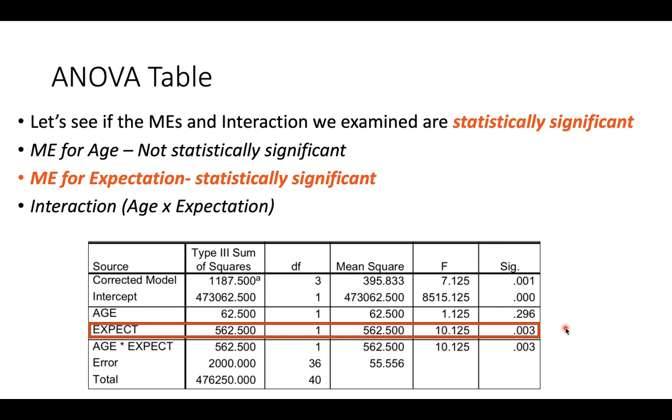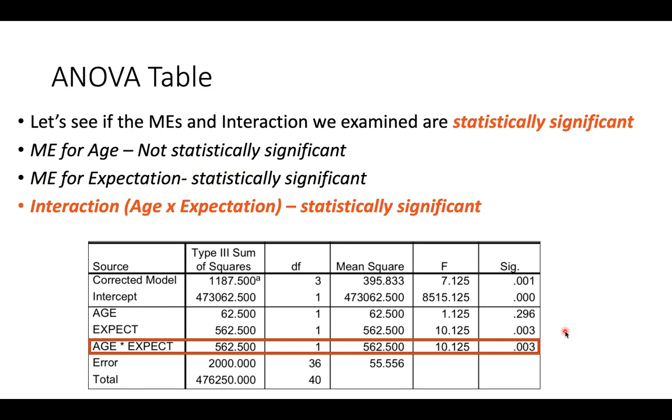Because it's below our threshold, we reject the null and we conclude that the effect of expectation is statistically significant, just like we thought it would be. So it looks like for students, regardless of age, high teacher expectations means higher IQ, low teacher expectations means lower IQ. Right? Remember, this is a main effect, so expectations regardless of age.